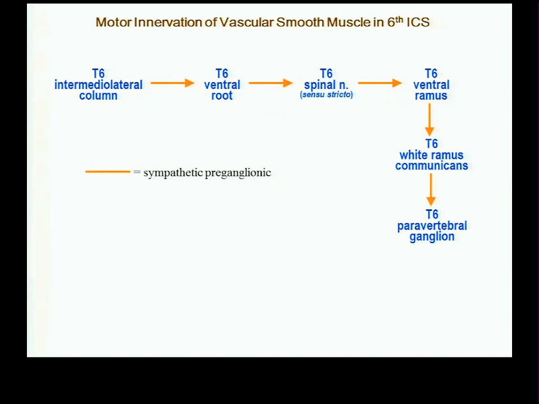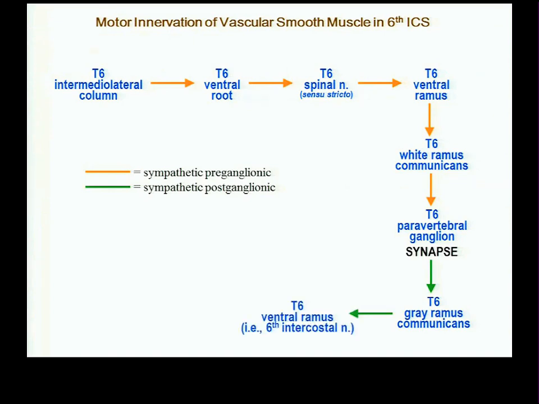In this particular case, it will synapse in that ganglion, and the postganglionic axon will rejoin the T6 ventral ramus by traveling in the T6 gray ramus communicans. That takes it back to the T6 ventral ramus, which is called the sixth intercostal nerve, and that will eventually take it out to some blood vessel that it will synapse on the smooth muscle of and innervate. And this would be the standard pattern.